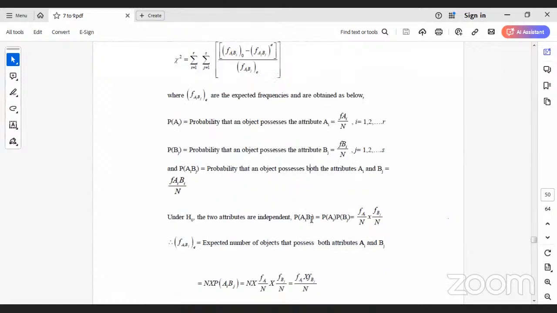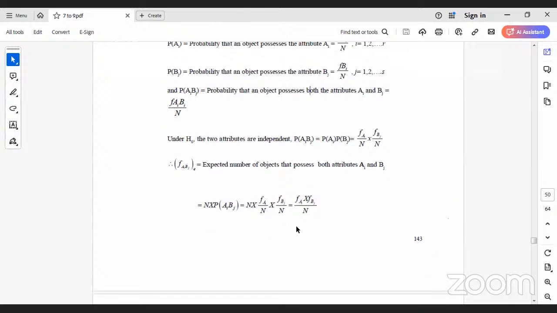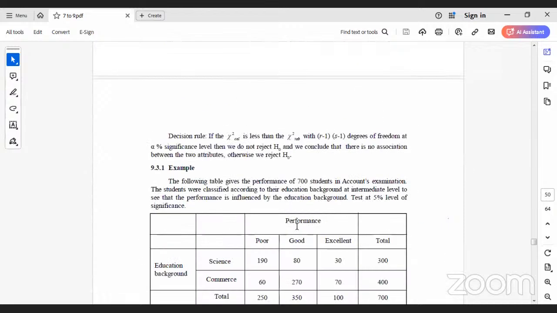P(AiBj), the probability that an individual possesses both attributes, under H0 where the two attributes are independent, is f(Ai) by n times f(Bj) by n. The expected number of individuals possessing both attributes is n times P(AiBj), which is f(Ai) times f(Bj) by n. So we are taking these values here.